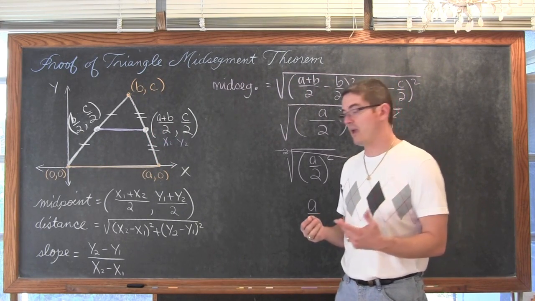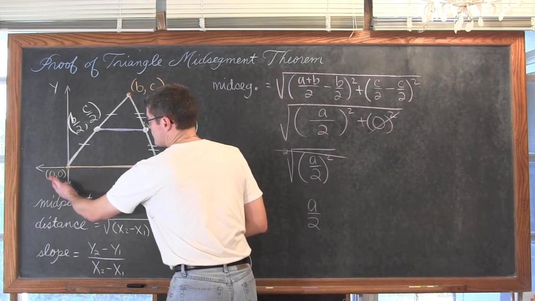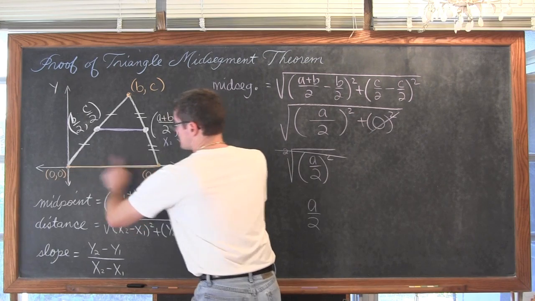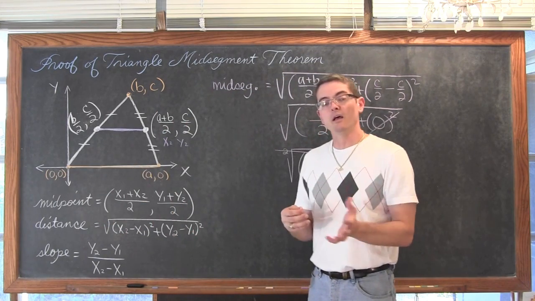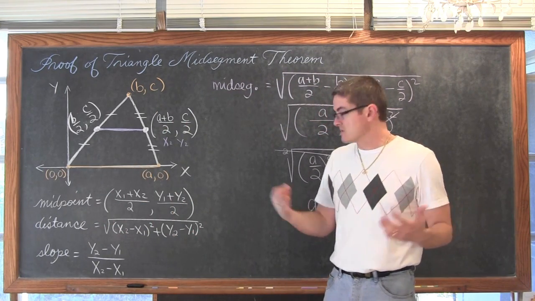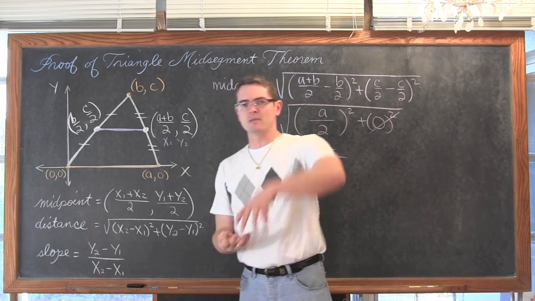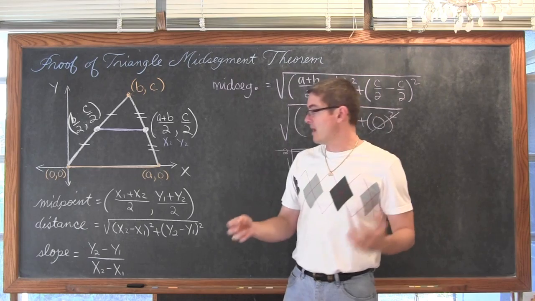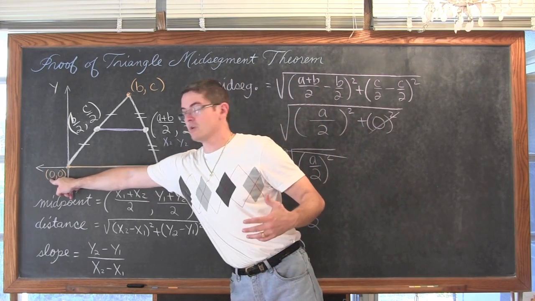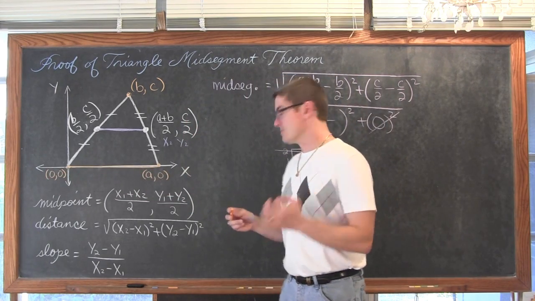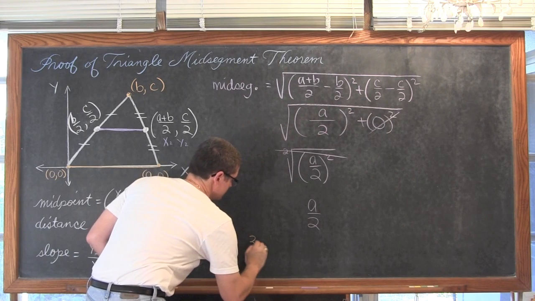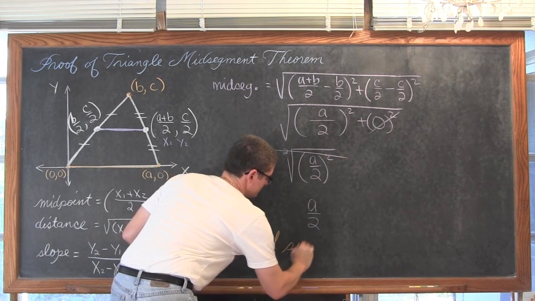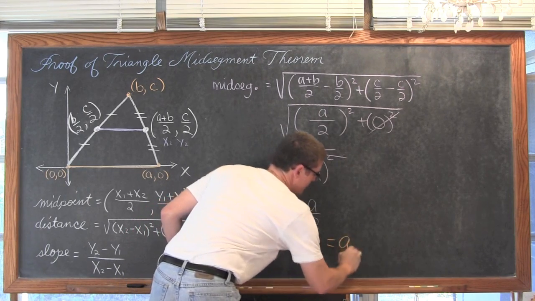Well, yeah, you can. I go from 0, 0 to a, 0. Again, the y-coordinates are staying the same. So really, the length of the line, since the y is staying exactly equal, and the same thing would happen if you were going vertically, I already know the length of that line is going to be equal to a, because I'm going from 0 to a. So my third side equals a.